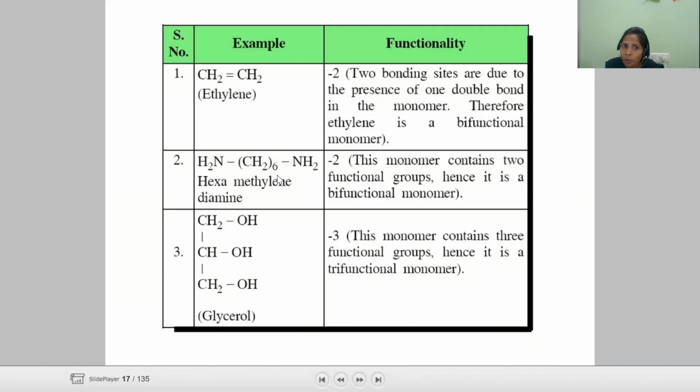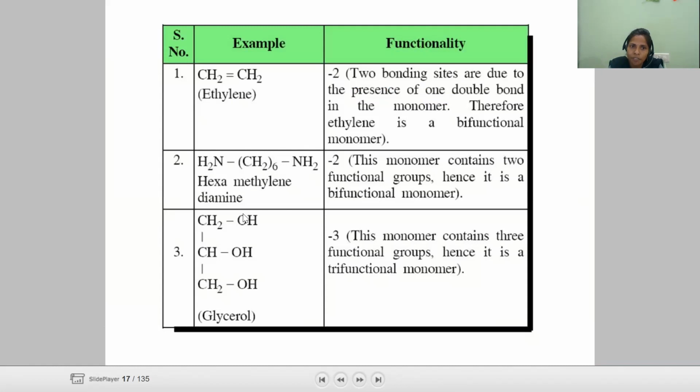There are no active sites and no double bonds here, but there are functional groups. What are the functional groups here? NH2, NH2. How many NH2s are there? Two NH2s are there. So we have two functional groups, and functionality will be 2.